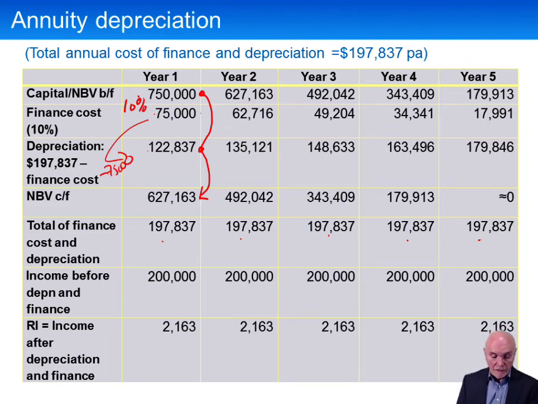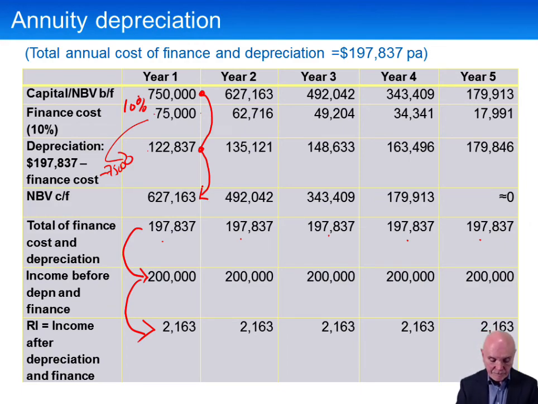Well, we have the income before depreciation and finance, 200,000. That's the same as last time. We kept 200,000 each year for the income before depreciation and finance. And what we're going to do is take off this 197 each year. So the sum of taking out the depreciation, which we have to do, and then making a charge for the finance, which is going to be 75,000, is bringing us down to 2163.